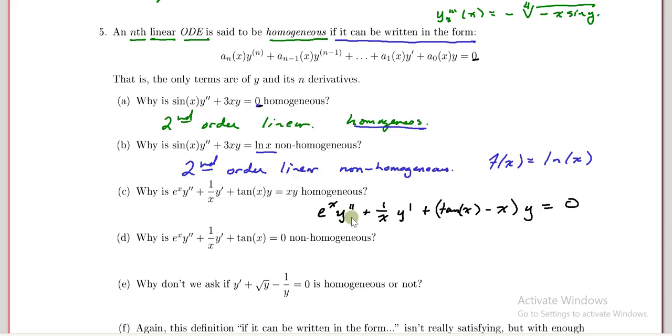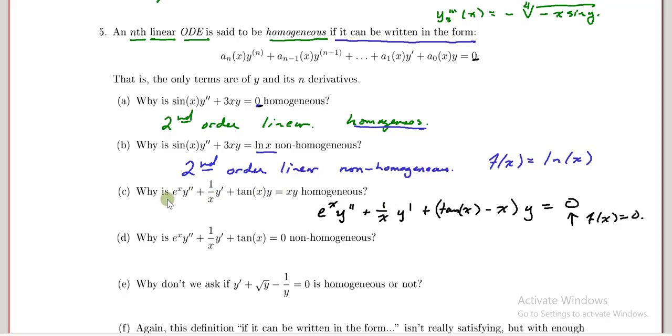So now this looks like linear form where we've staggered it by terms going from the highest order derivative on down, and this is my y double prime term, my y prime term, my y term, and then the function on the right hand side here is 0.